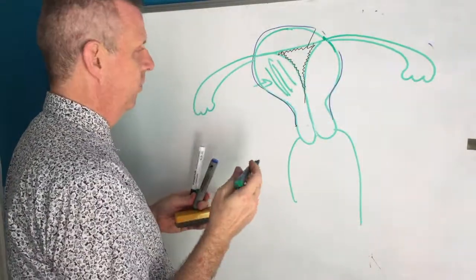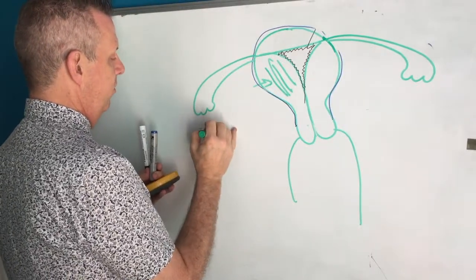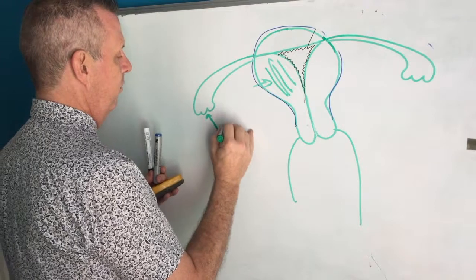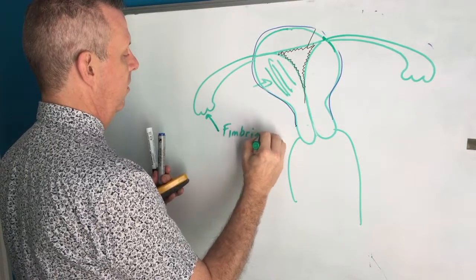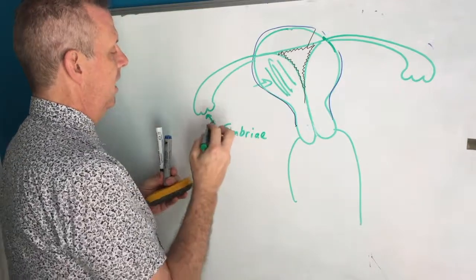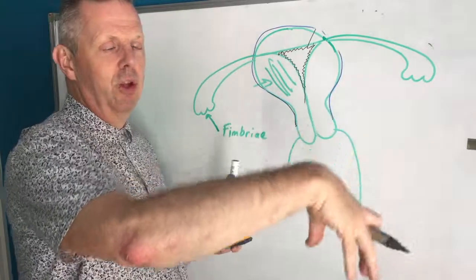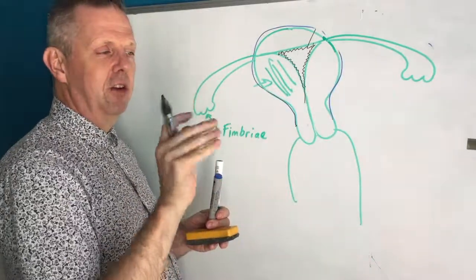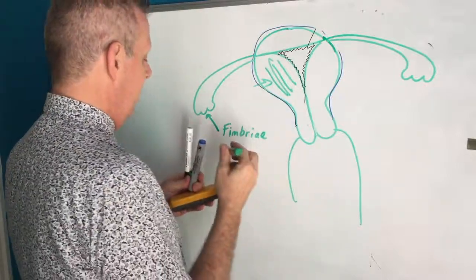And on the end of the tube here, this part here is called the fimbriae. And that's like little fingers which will go and wrap itself around the ovary, or wherever the ovary is ovulating. It just magically finds the ovulating follicle and collects the egg.